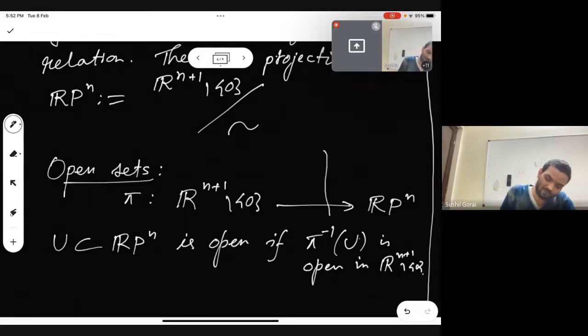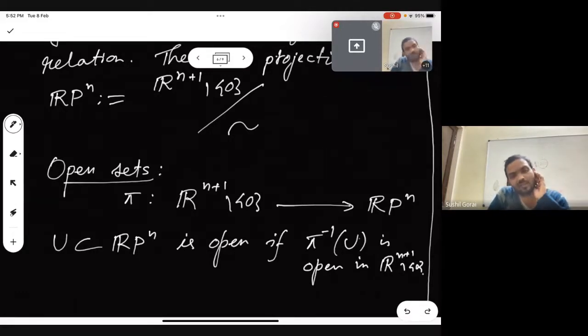Once we know the open sets, we need to talk about whether these are Hausdorff, second countable, etcetera. Any idea whether this is Hausdorff?